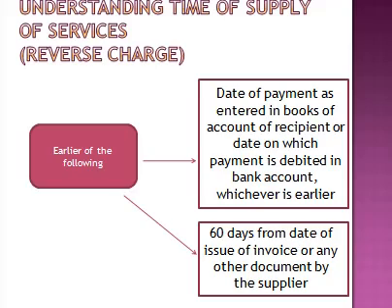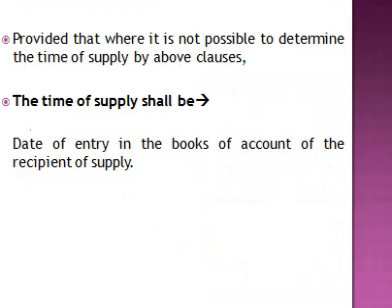Now let's discuss what this date of payment means. Date of payment means the date on which payment is recorded in the books of accounts of the entity that receives the services, that is, the service receiver, or the date on which payment is debited from the entity's bank account, whichever is earlier. So you will need to understand these definitions and points in detail.